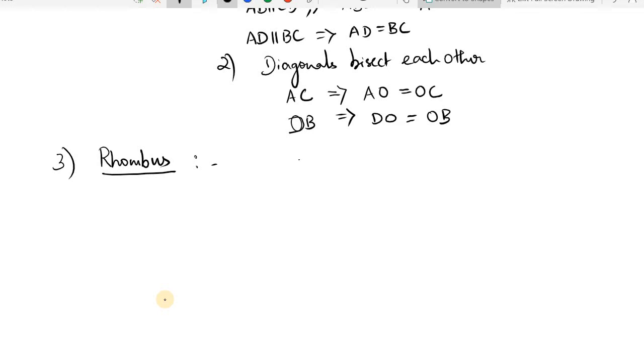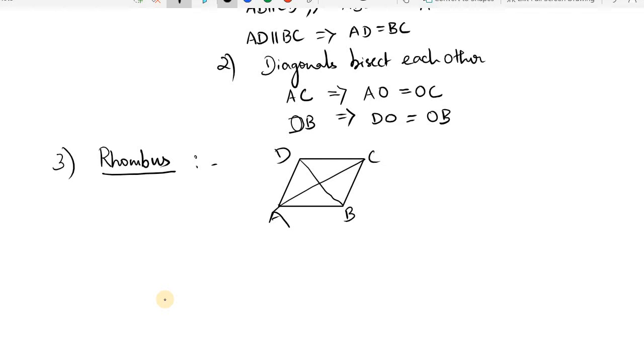In a rhombus, the speciality is that all the sides are equal. Suppose I have A, B, C, D, and I have these diagonals over here.